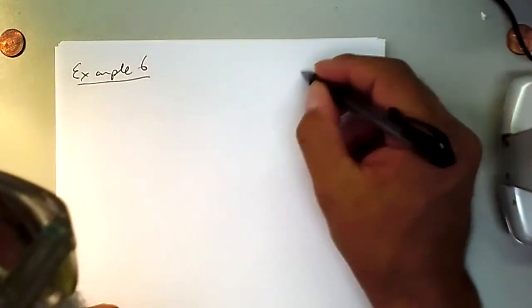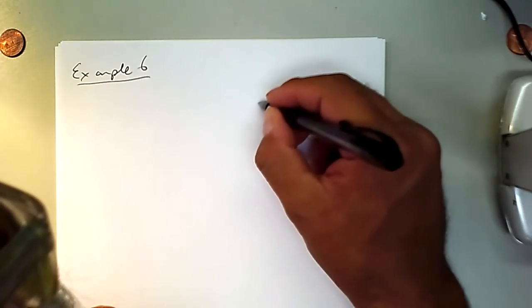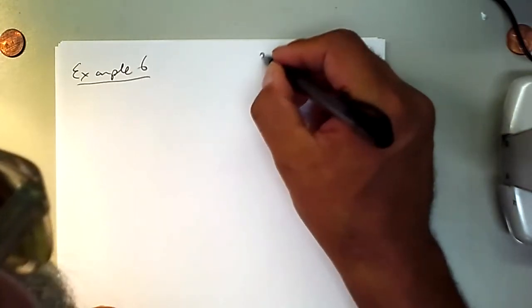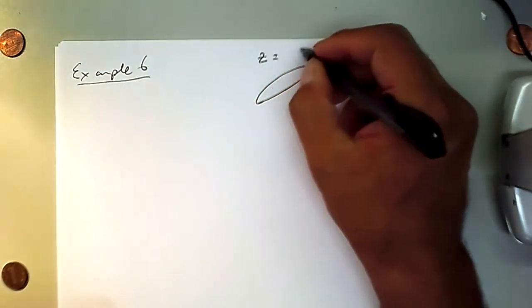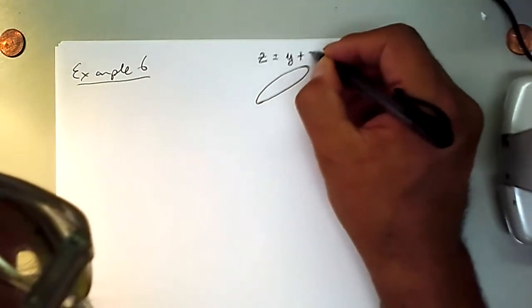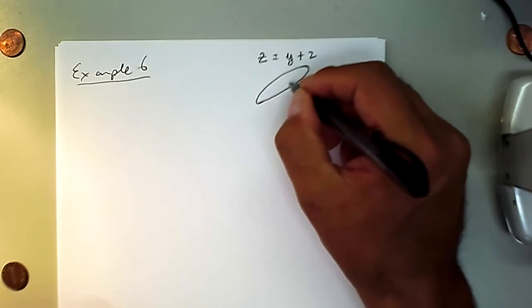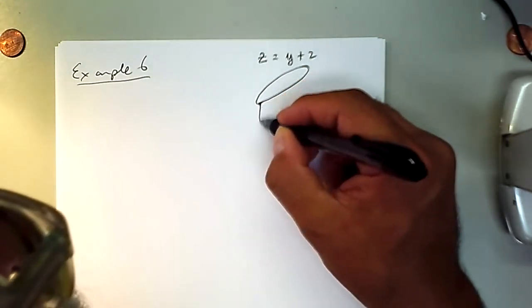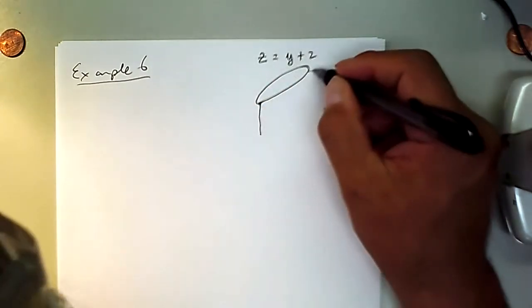We're going to have this shape, which is part of a plane. The plane will be z equals y plus 2. So there's a plane that contains this, which is not a circle because this is the intersection of the cylinder with the plane. So this is a plane that is oblique.